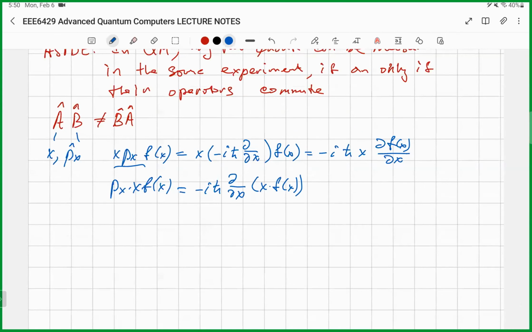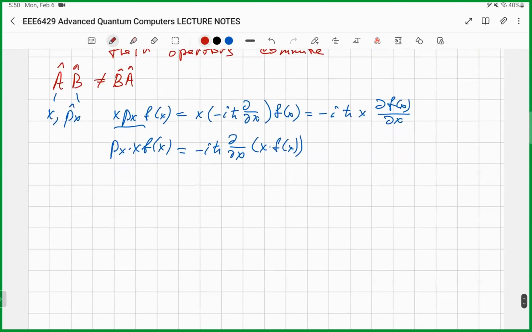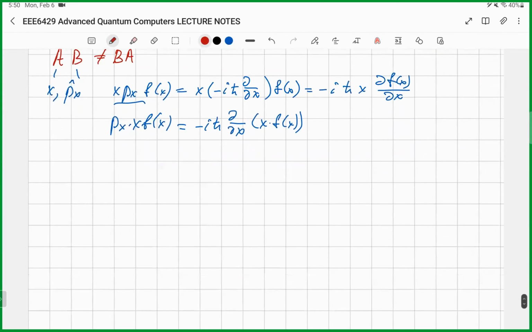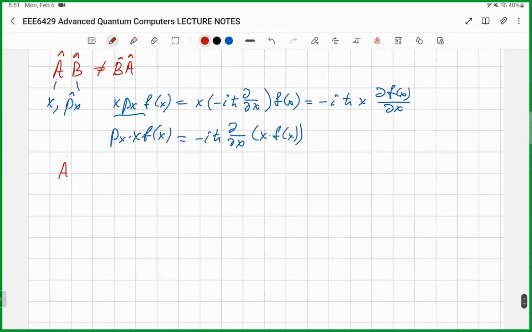So in general, the operators in quantum mechanics don't commute. To describe this situation when the operators don't commute, we construct the following operator: the result of subtraction of operator AB minus operator BA.